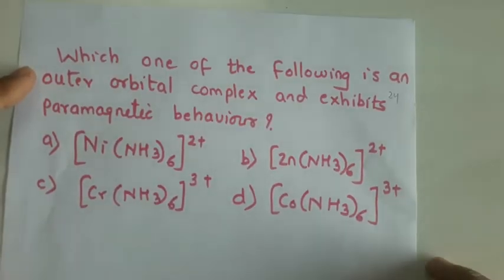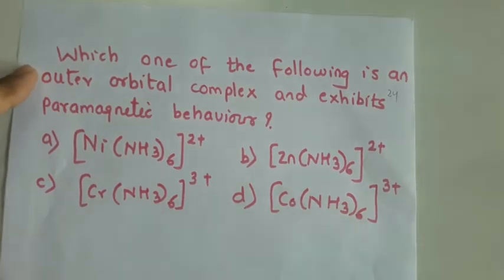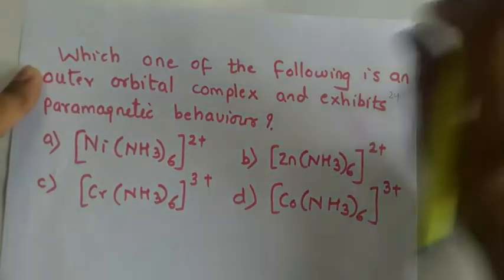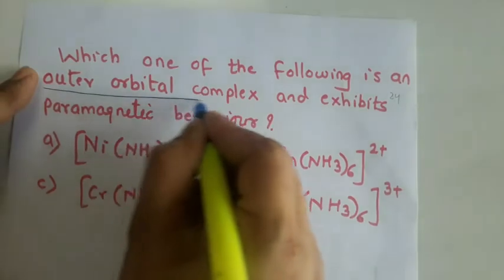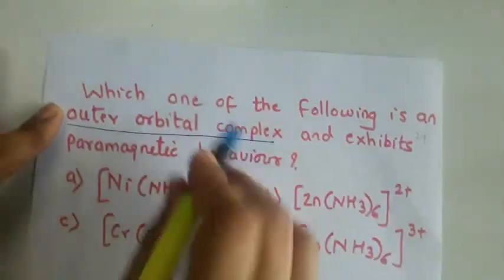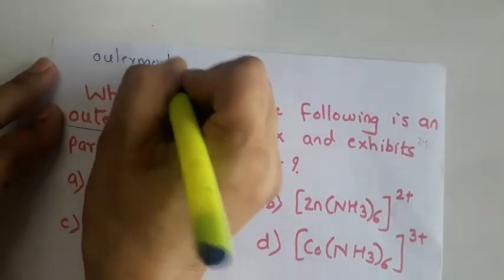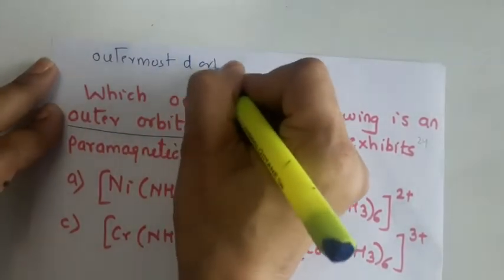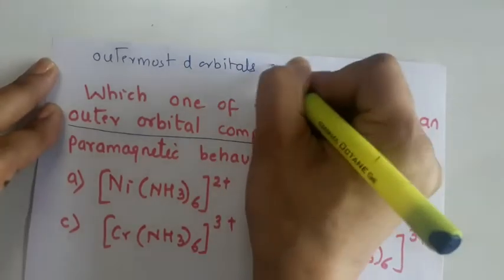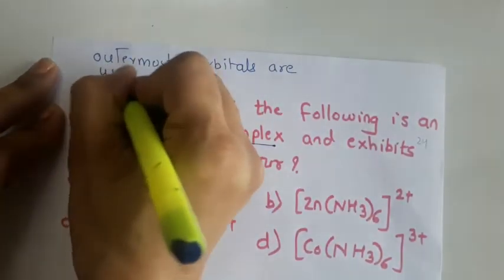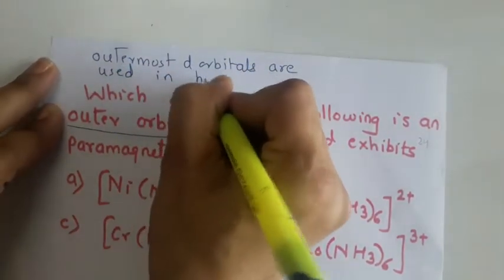Now students, we have another question: which one of the following is an outer orbital complex? First of all, what is the meaning of outer orbital complex? Outer orbital complex means when the outermost d orbitals are used in hybridization.